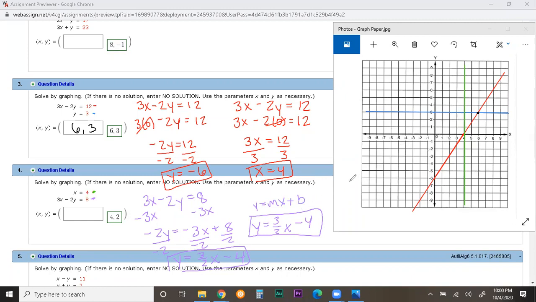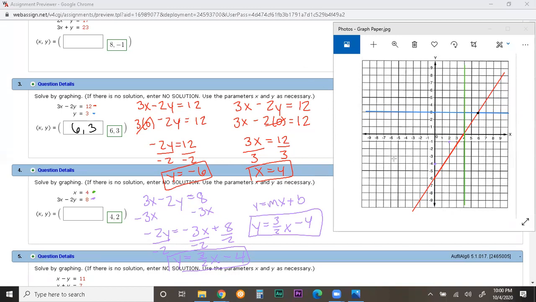So we first plot -4 on the y-axis. Then we do our slope, which is 3/2. So we go up 3 and to the right 2. And we draw a line connecting that.